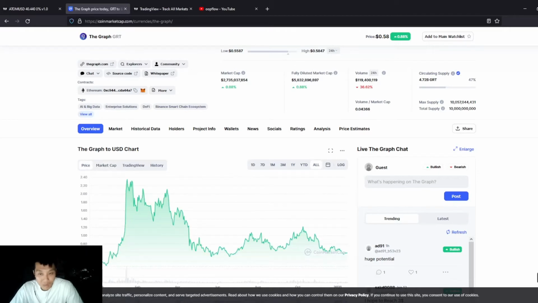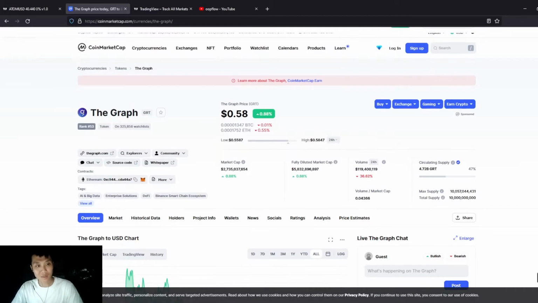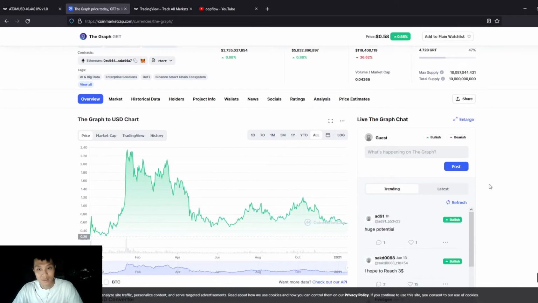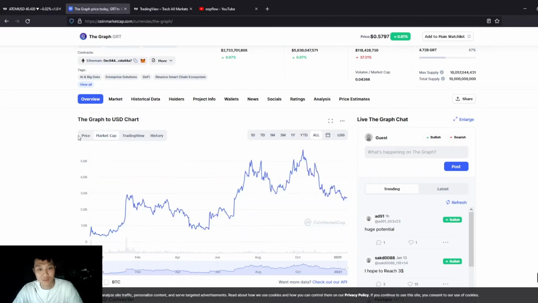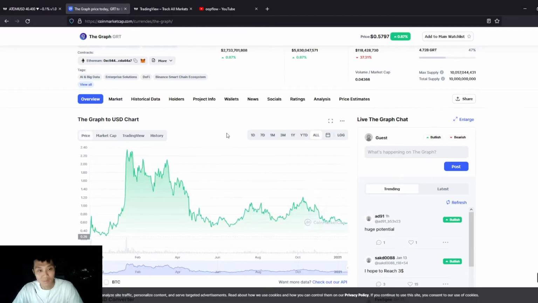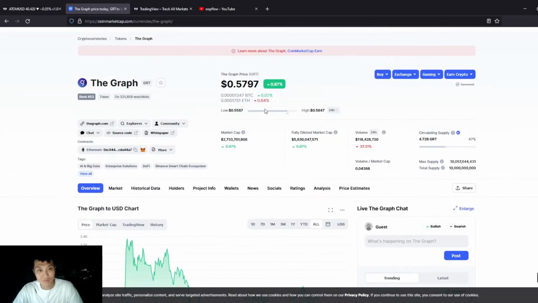What I mean by diluted is that the founders or the creators of the coin flood a lot of additional tokens into the market. In this example for GRT, right now it's at 57 cents.